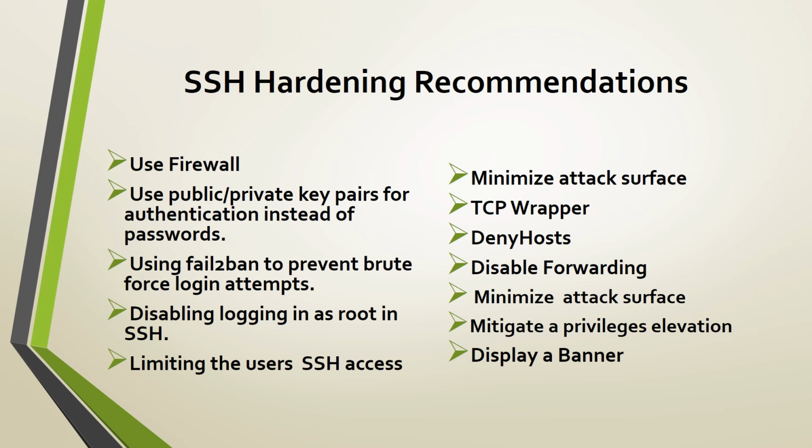You can also do this in the SSH config file by using UsePrivilegeSeparation yes, and you can also use StrictModes yes so that file permissions and ownership of user files are checked before accepting a connection.